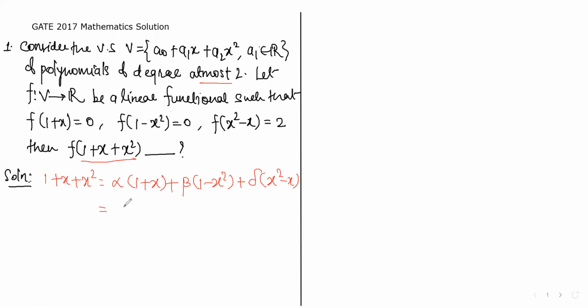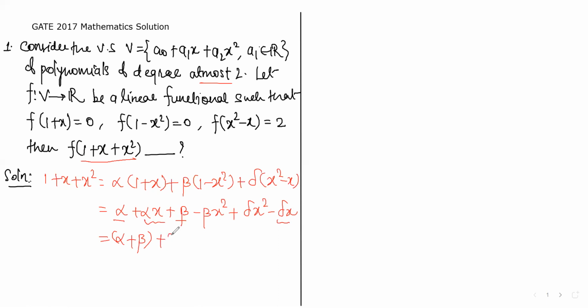So I'll simply do this: alpha plus alpha x plus beta minus beta x square plus delta x square minus delta x. To equate them, I'll keep the constants together, so alpha plus beta will be together, and all the coefficients of x together.